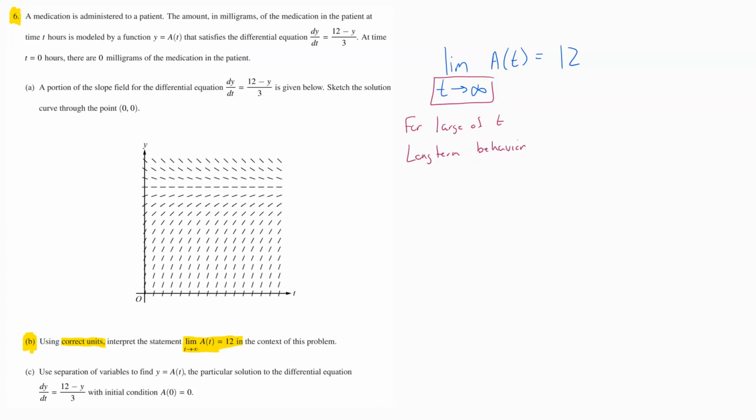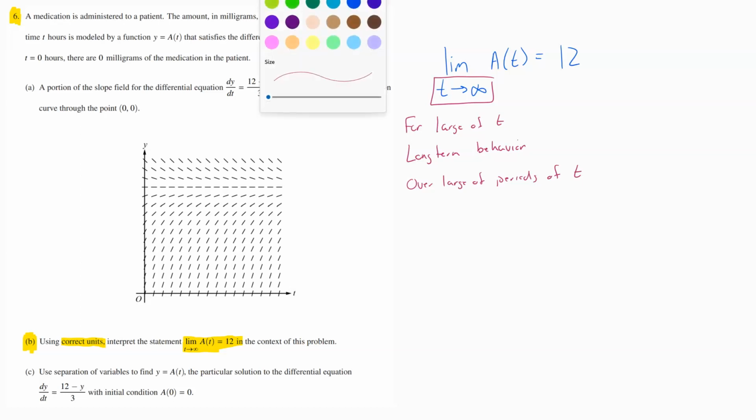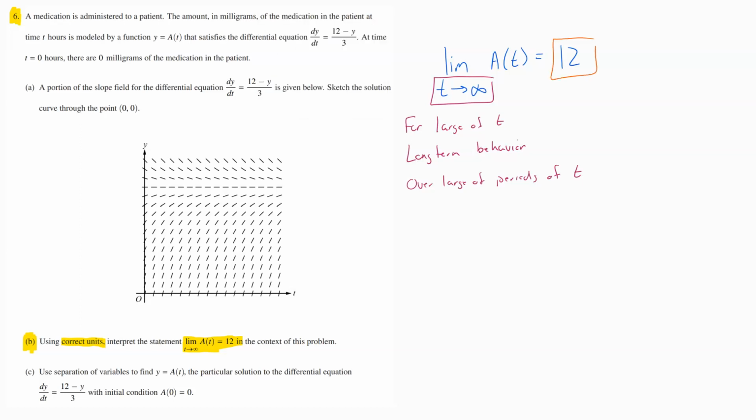So over the long haul, over large periods of t, the answer is always over here. This is a y value. And so what it's saying is over large periods of t, we're going to head towards that y value.